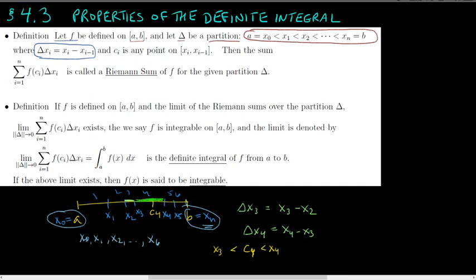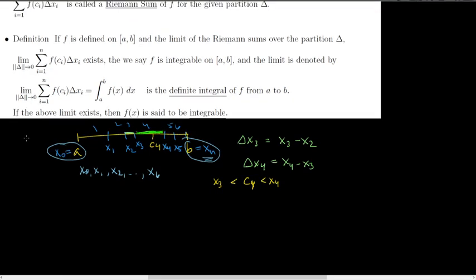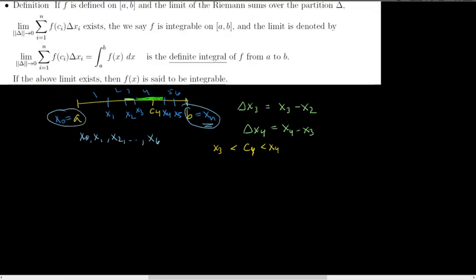Now we get to the following definition here. Same setup: we have a function defined on a closed interval, and then we want to take the limit of the Riemann sums. So now we're taking the limit, let me write that this way, as the norm of the partition goes to 0. I'll talk about that in a second.